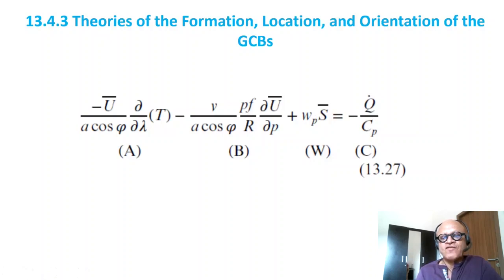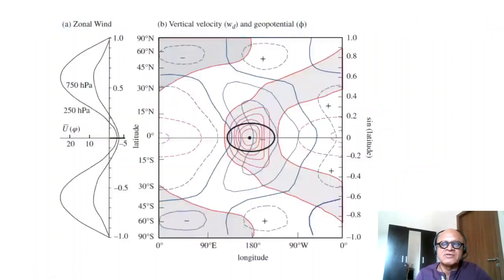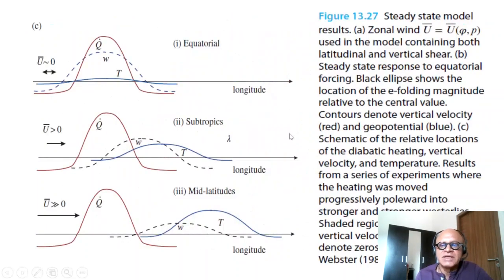Whereas if you go away from the heating along the latitude into subtropics and high latitudes, then the vertical shear term of the advection here and the vertical term of the stability advection, you can think of as S bar, which we have defined before as the background static stability, right? So the balance basically changes.